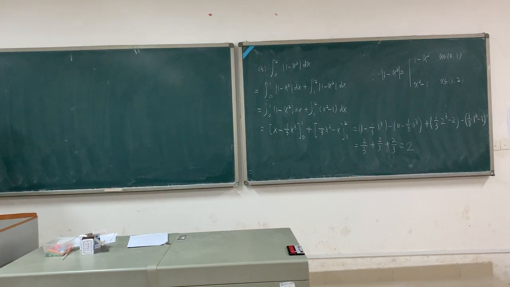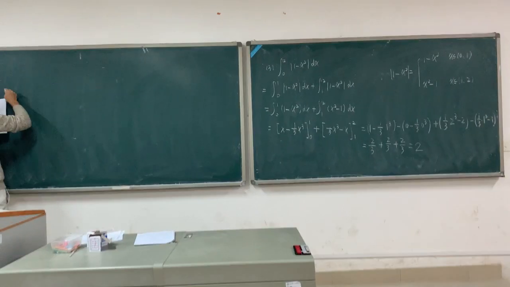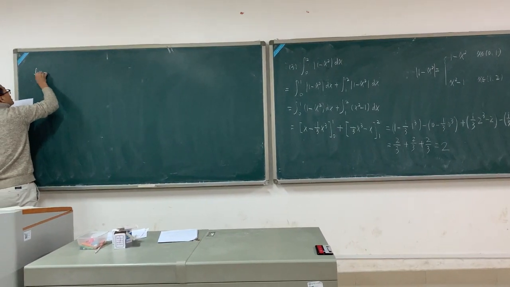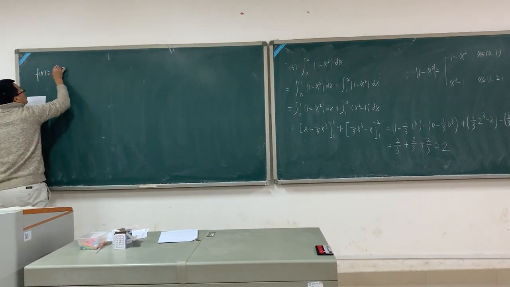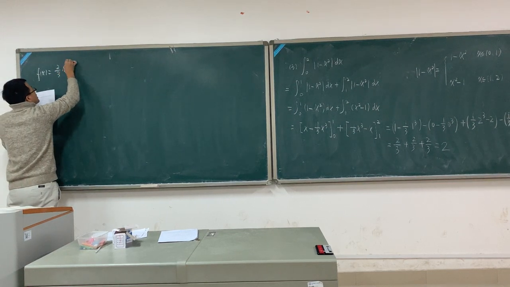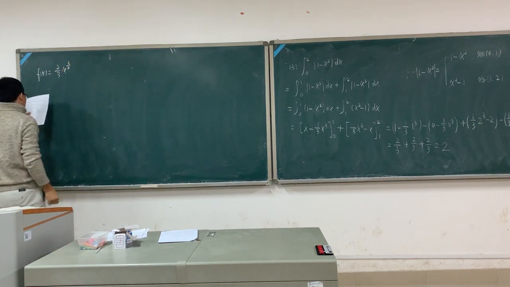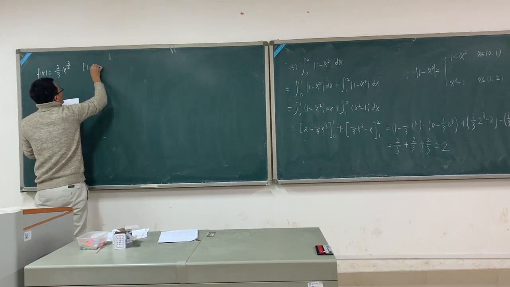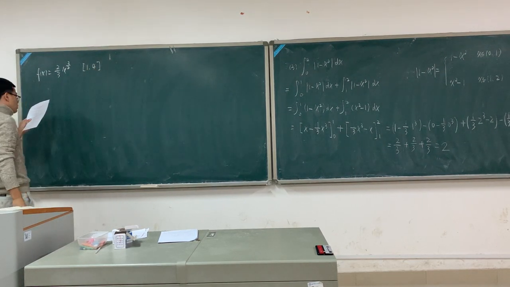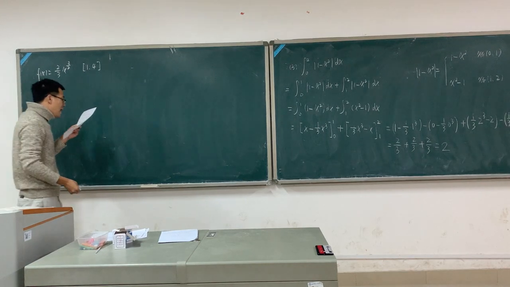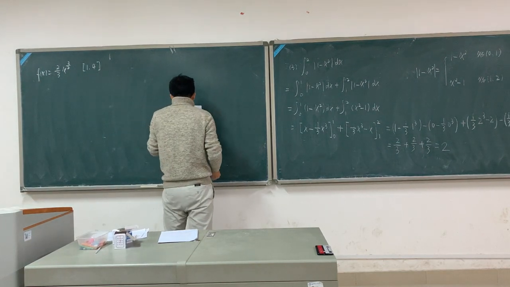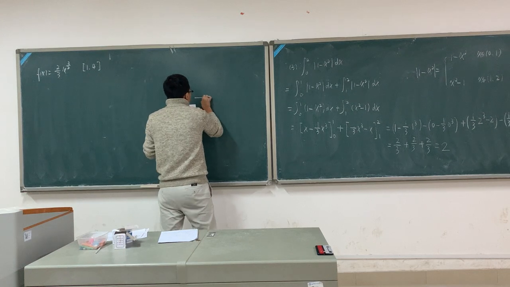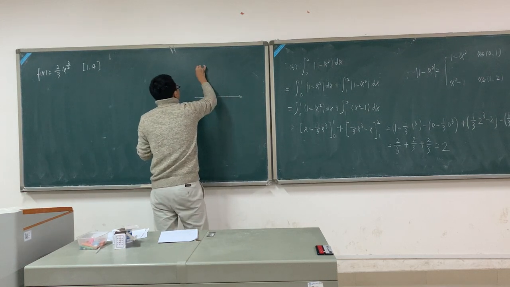Now for the first one, the function f(x) equals 2 by 3 x to the 3 by 2 power on the interval from 1 to 4. Let R be the region that is bounded above.